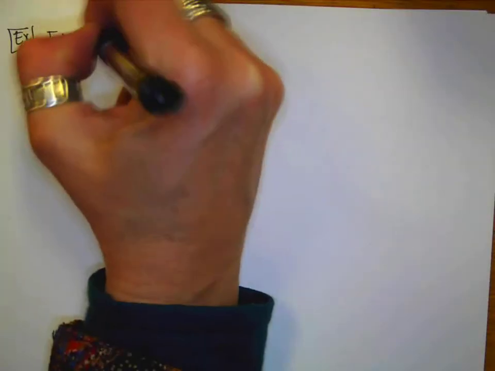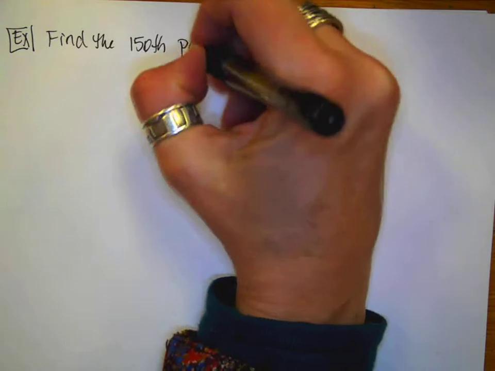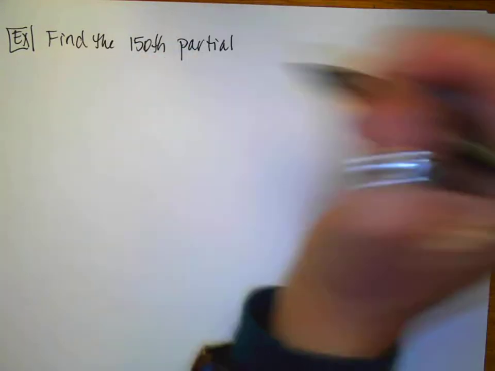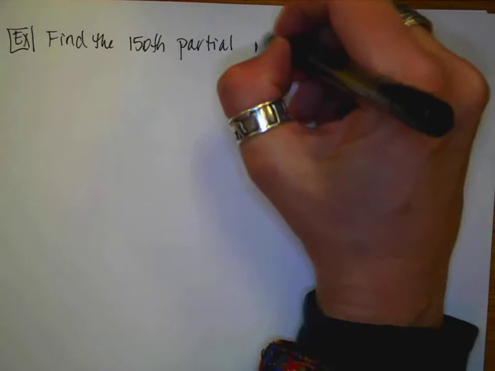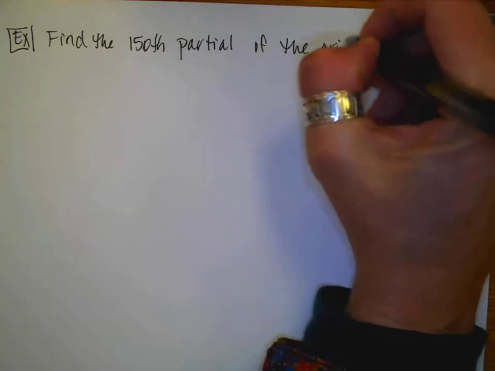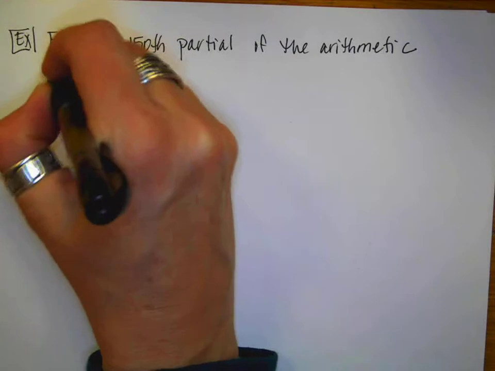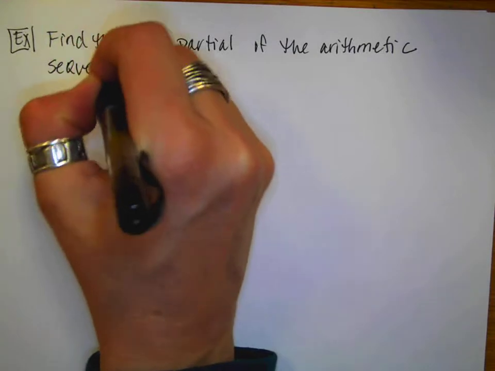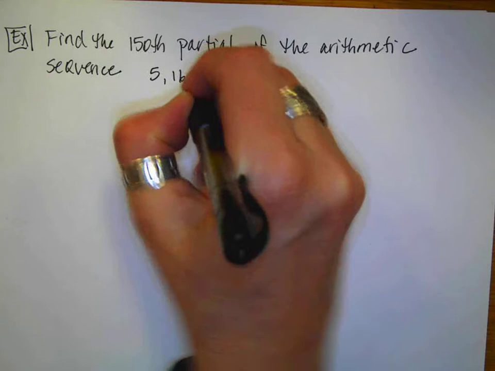Okay, so let me switch to another piece of paper. If I were to do an example with this, let's say it said find the 150th partial sum, which means I want to sum the first 150 terms of the arithmetic sequence, and we're halfway done, by the way.